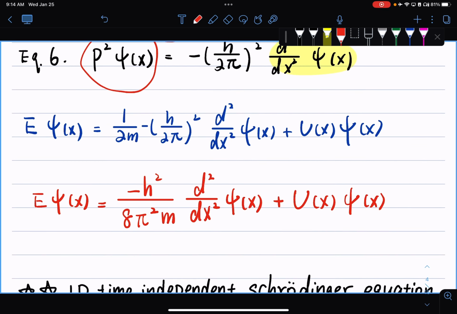All right, so this is our one-dimensional time-independent Schrödinger equation. This is how we get to that abstract form, to this more well-defined equation, if you may. So this first part is our kinetic energy.